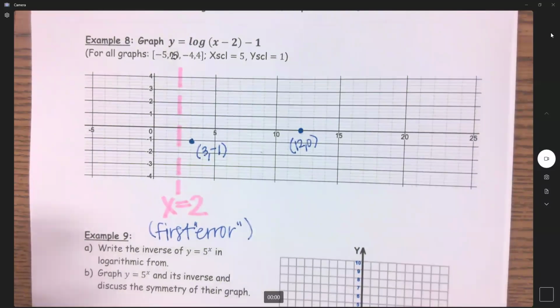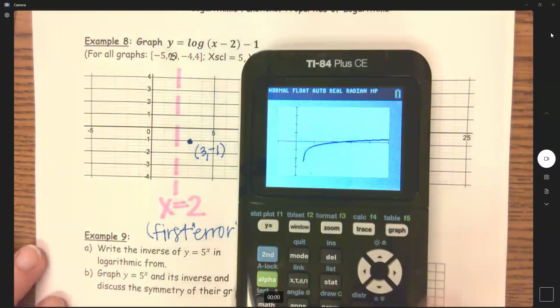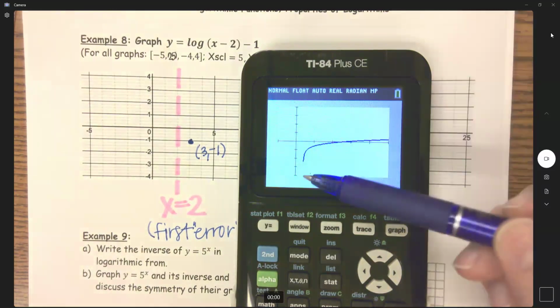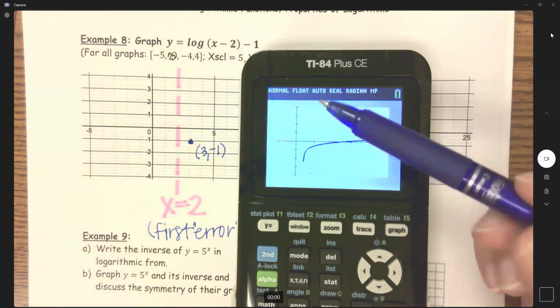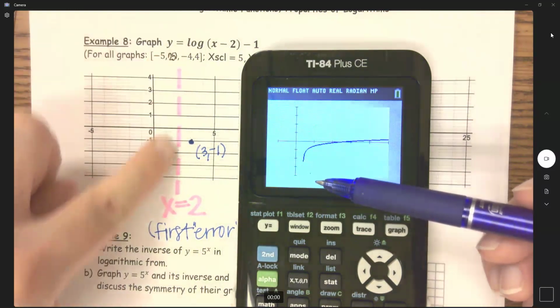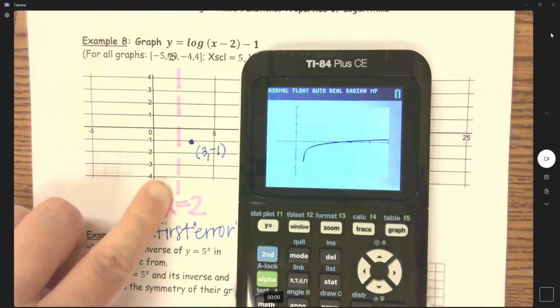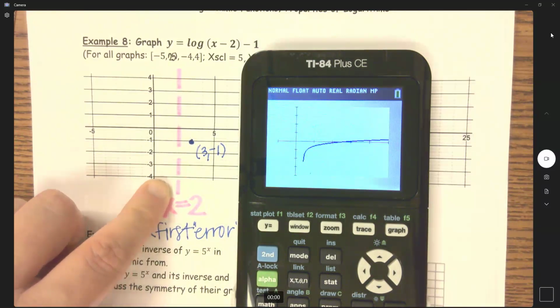So here's what I want to talk about on that graph. On your graph, this almost looks more like a square root function because it looks like it starts right here and then goes infinitely in one direction. But this is actually going down forever too. It just can't get too close to this vertical asymptote without touching or crossing it, so it just kind of stops when it's about to get too close.